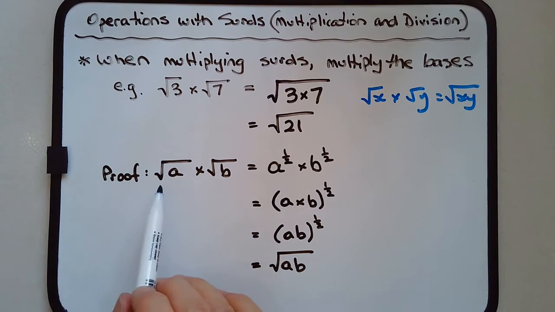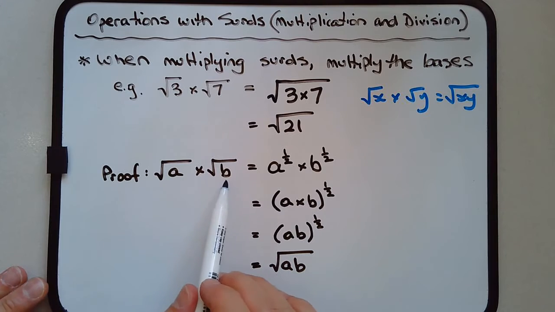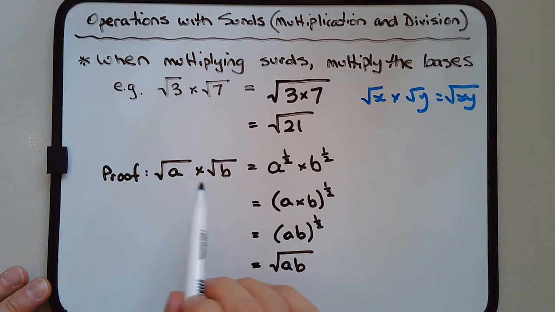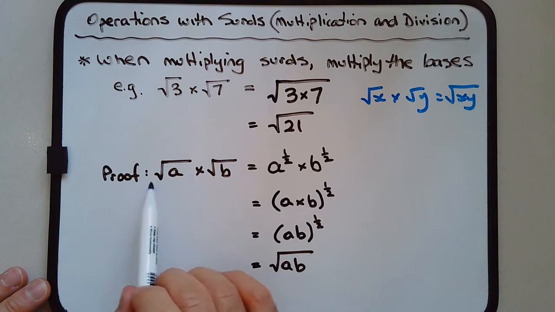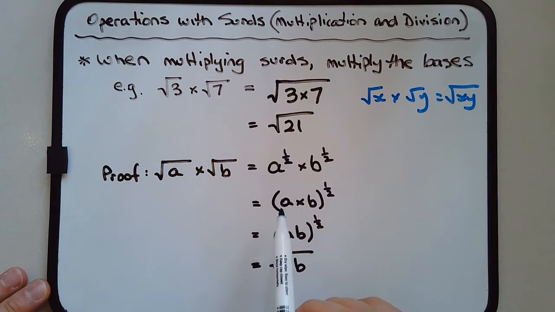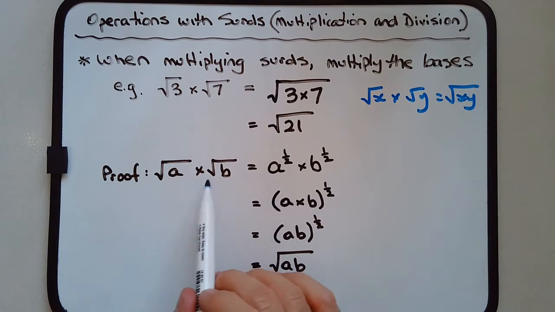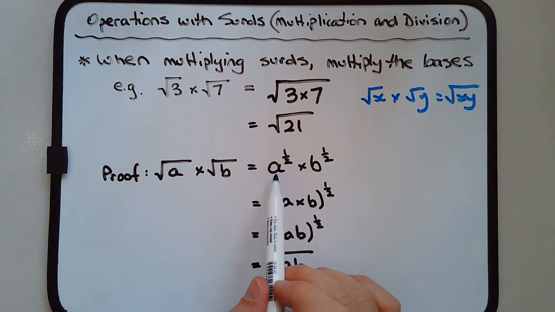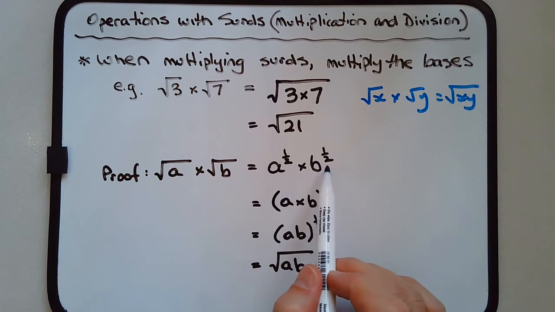For example, if we had the square root of a times the square root of b, this comes back to index laws. If you remember the fractional index law, rather than representing these terms with the square root sign, we can use a power of half to represent the same surd. So square root of a times square root of b is equal to a to the power of half times b to the power of half.